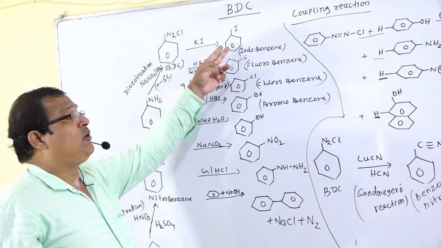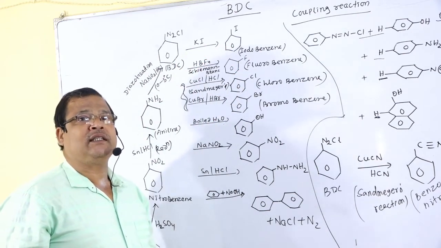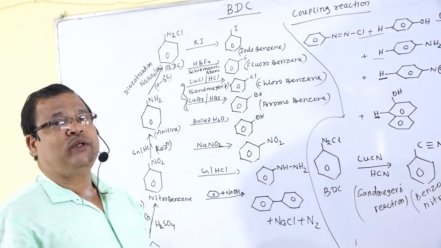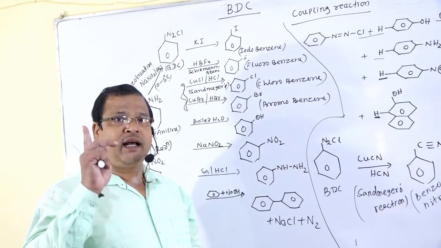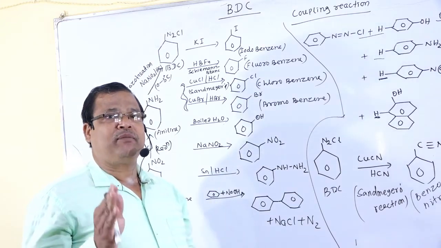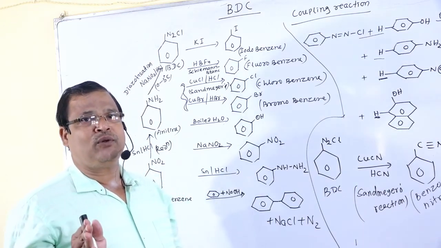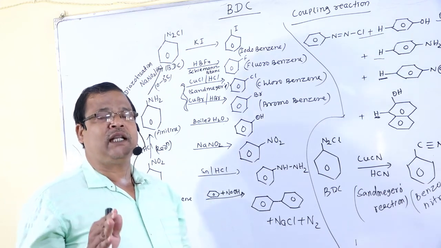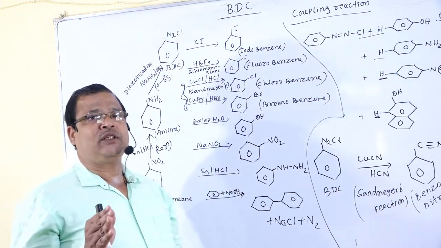Similarly, iodobenzene formation is slow and reversible, as we have already discussed in the aryl halide chapter. The formation of iodobenzene from benzene is slow and reversible, and is done in the presence of an oxidizing agent like HNO3 or phosphoric acid.